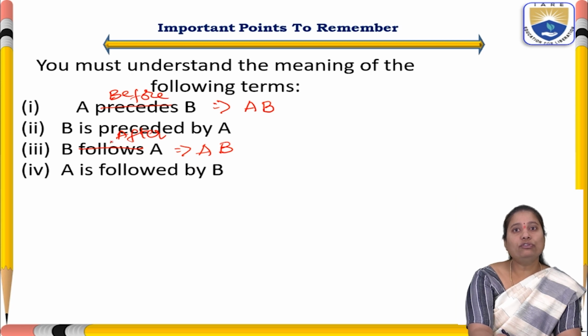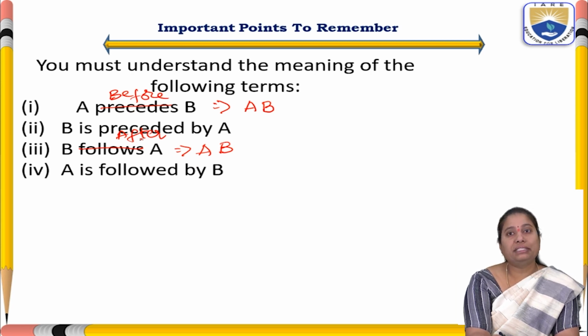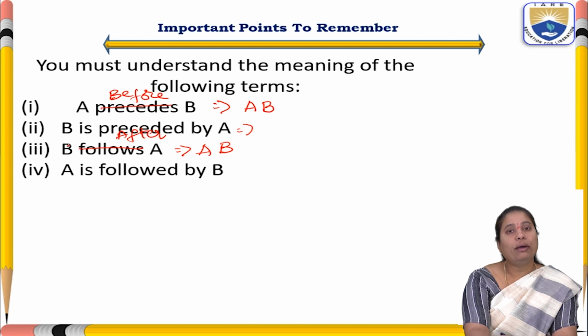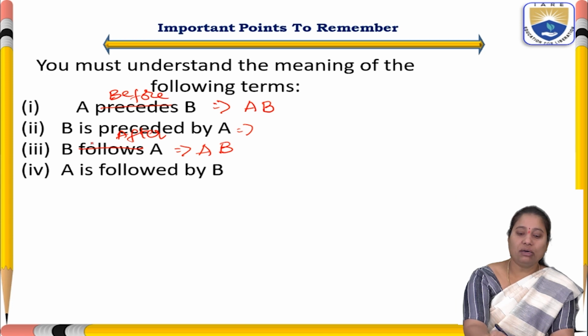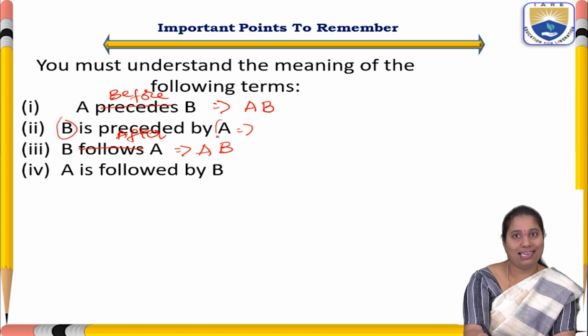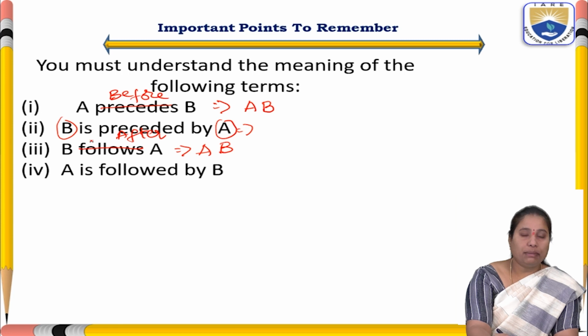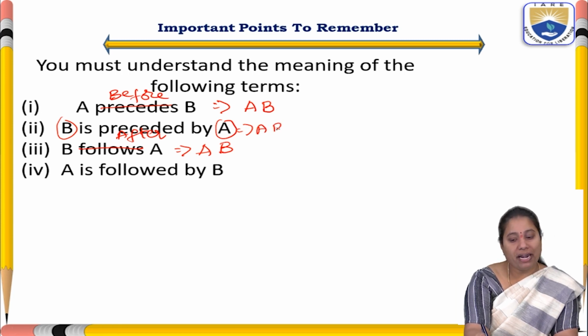And the opposite of precedes is called preceded by. Now, B is preceded by A, so A precedes B, or we can convert preceded by to precedes by interchanging B and A. That is, A precedes B means again it is the AB pattern, or B is preceded by A means we can simply say that B is after A. That is A and B. And now B follows A, and the same rule applies.